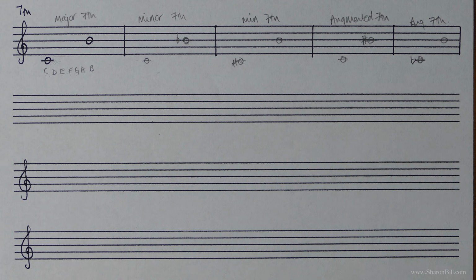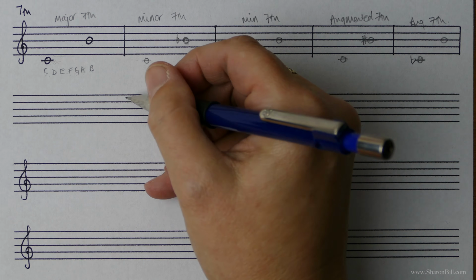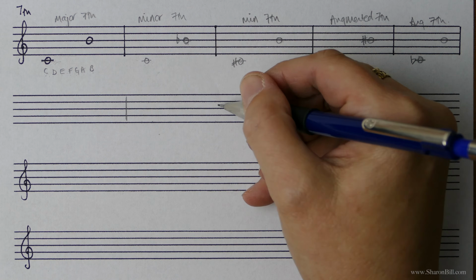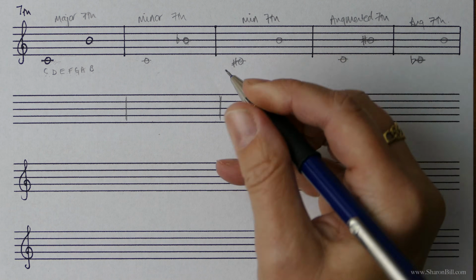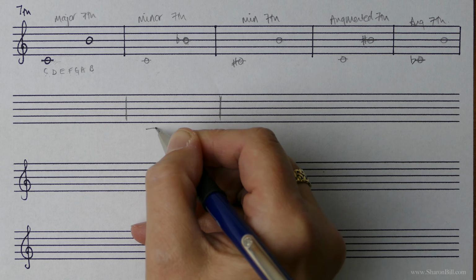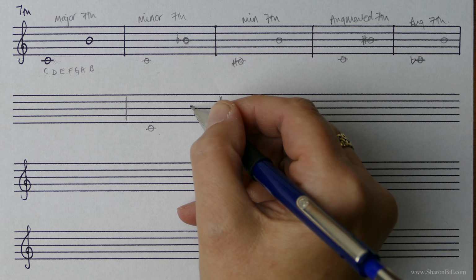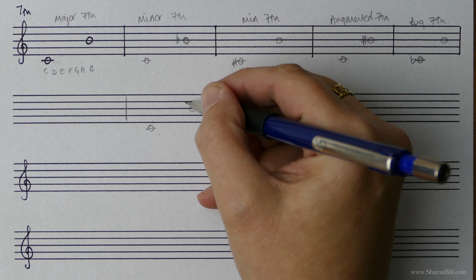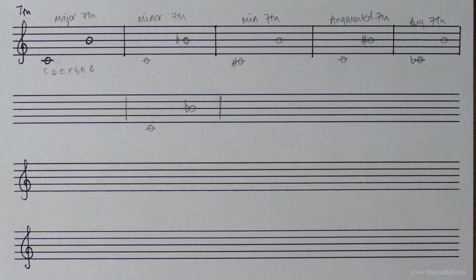Now then, let's just go back to this minor seventh here, and we can do a little bit more with this also. So C to B is our major. We lower the top note to make it minor, but we can also shrink that interval further.